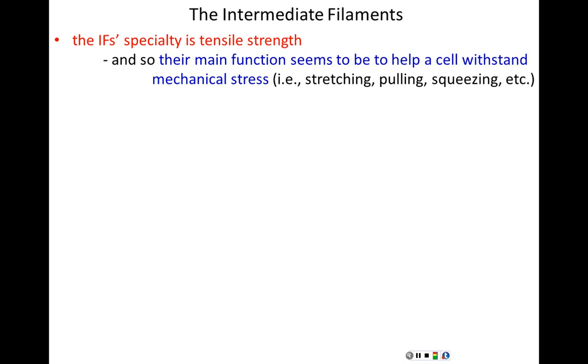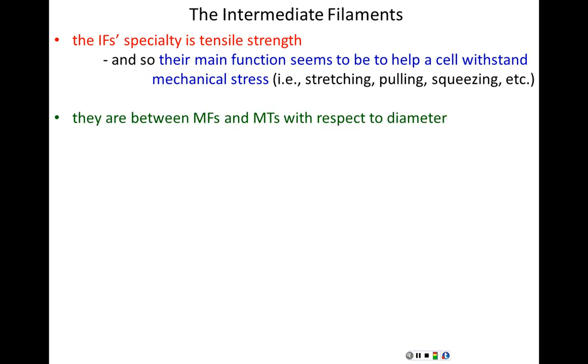So the main function of the intermediate filaments seems to be to help the cell withstand stretching forces, pulling forces, squeezing forces. This all falls under the umbrella of mechanical stresses.